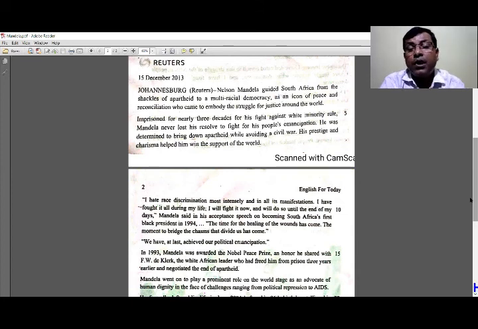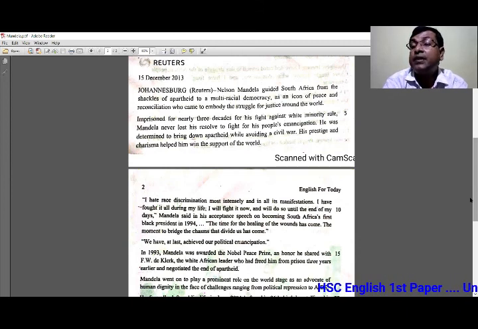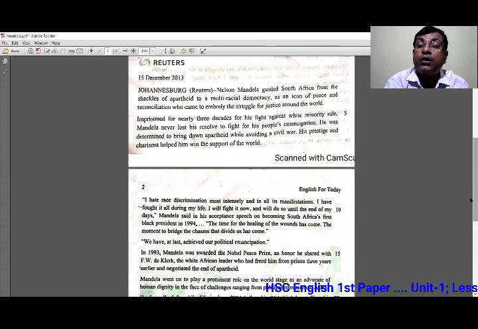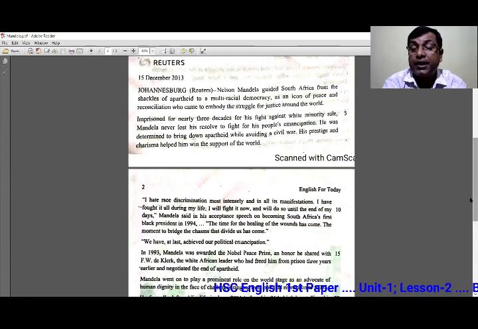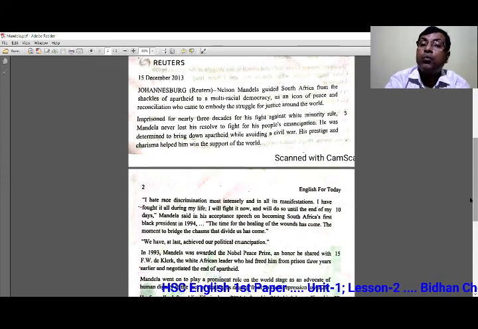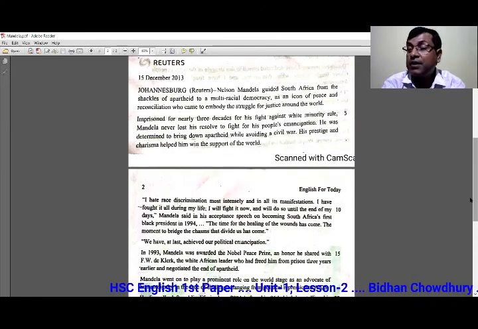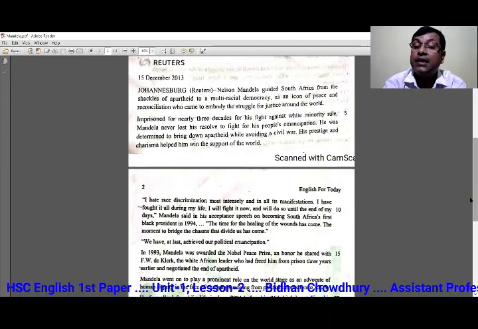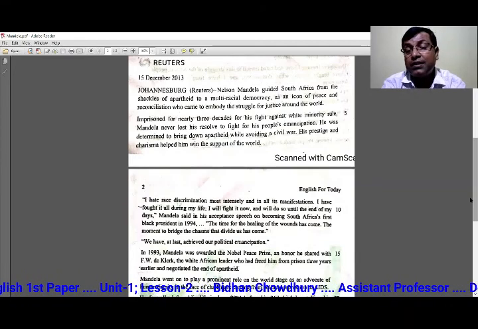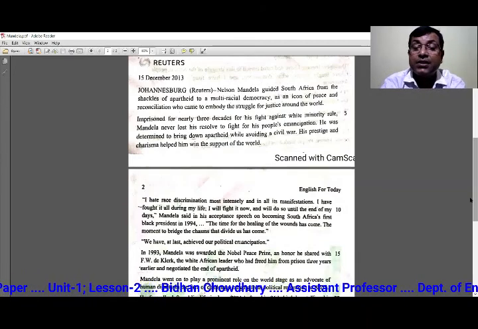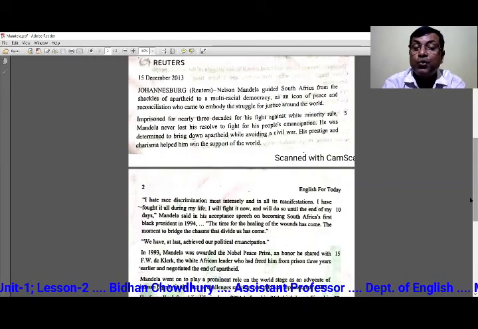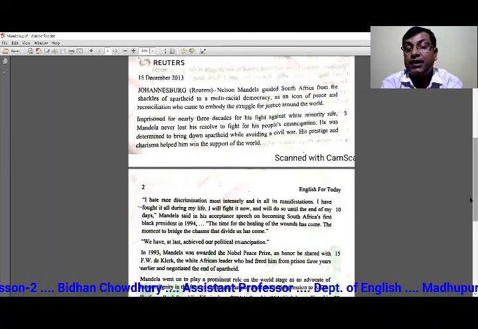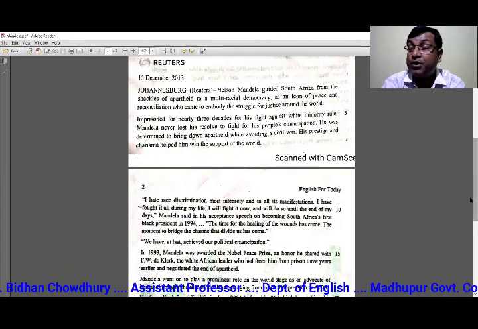And for his fight for the rights of the black people, or for his fight against the cruel law of apartheid, Nelson Mandela was awarded the Nobel Prize in Peace, and it was in 1993. What is interesting is that Mandela shared this prize with a white South African leader, that is F.W. de Klerk.